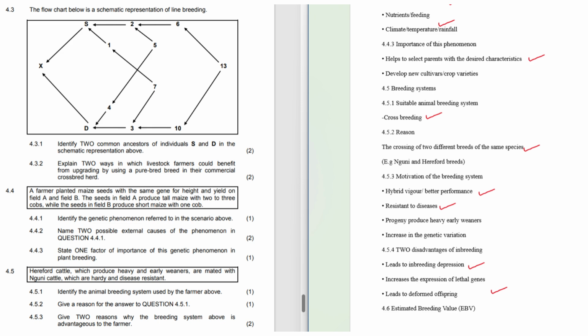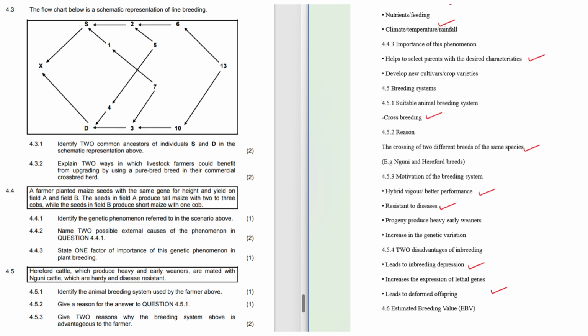If you say two different breeds with two different traits are crossed, that's wrong. What you have to say is the crossing of two different breeds of the same species.